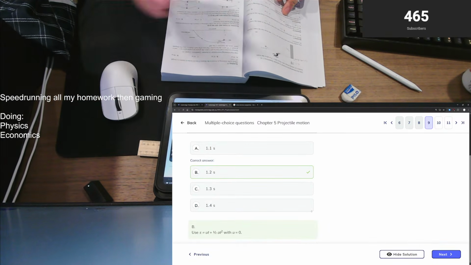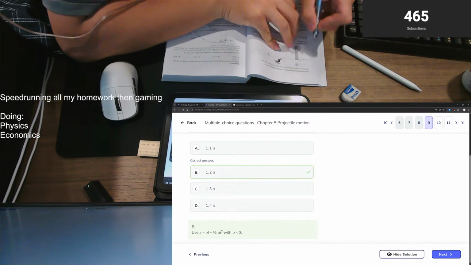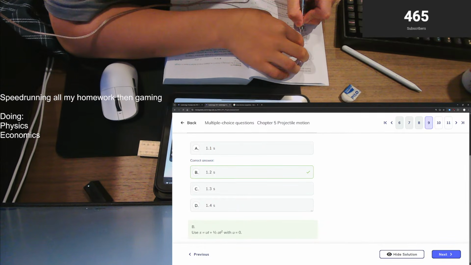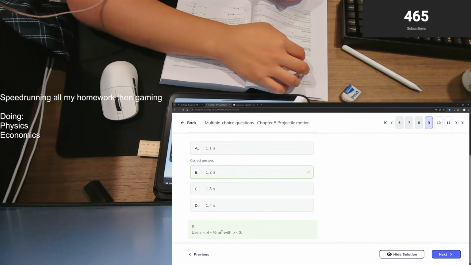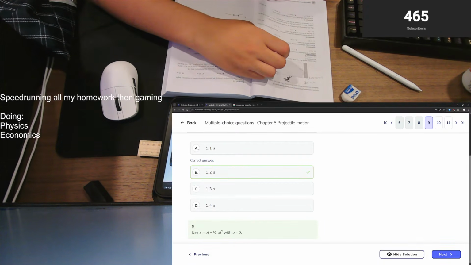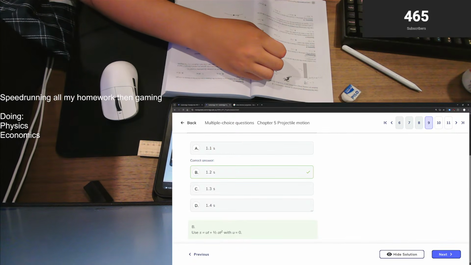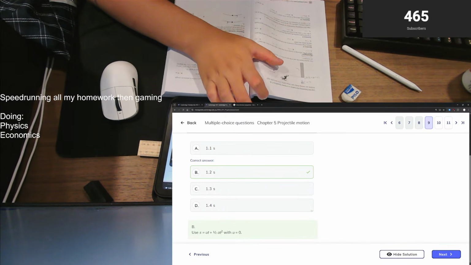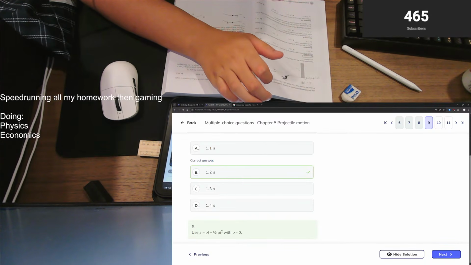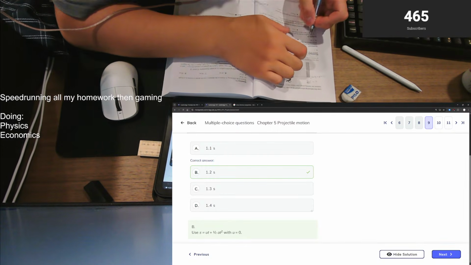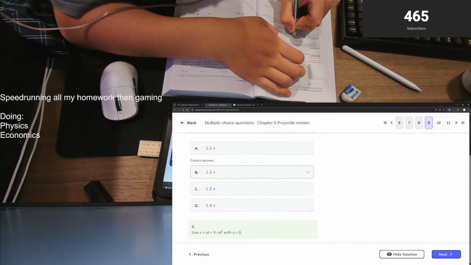I don't get anything. How was U 0? I don't know this question either. I'm circling it, asking the teacher. Which of the following is closest to the horizontal distance from the end of the pier at which he strikes the water? How do I find the horizontal distance? U squared times sine.